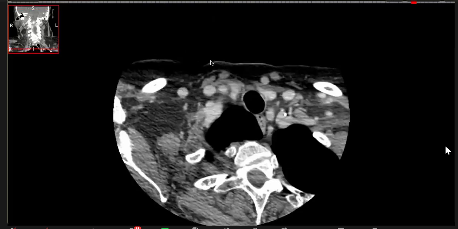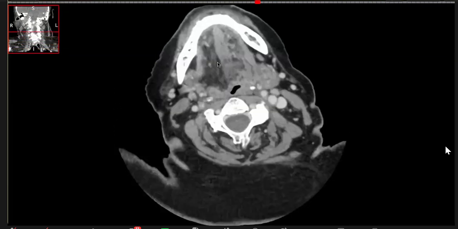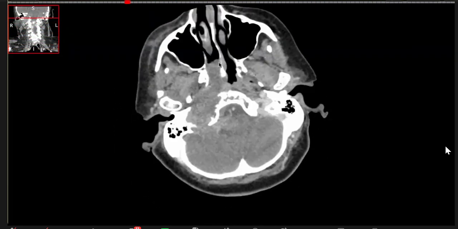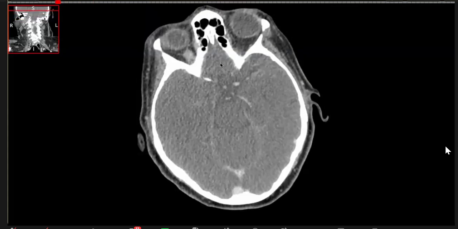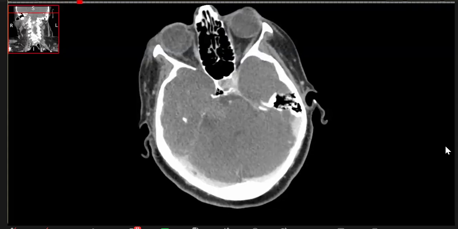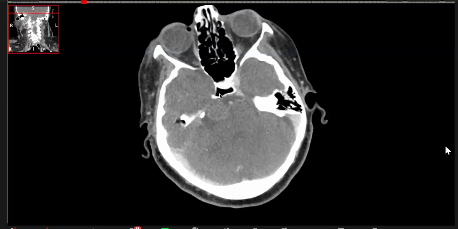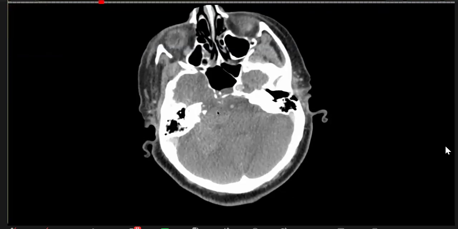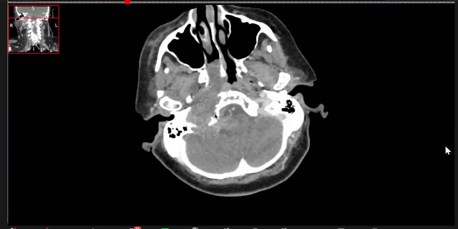On this CT, we can see the superior most extension of the mass, and the same thing which I pointed out already.